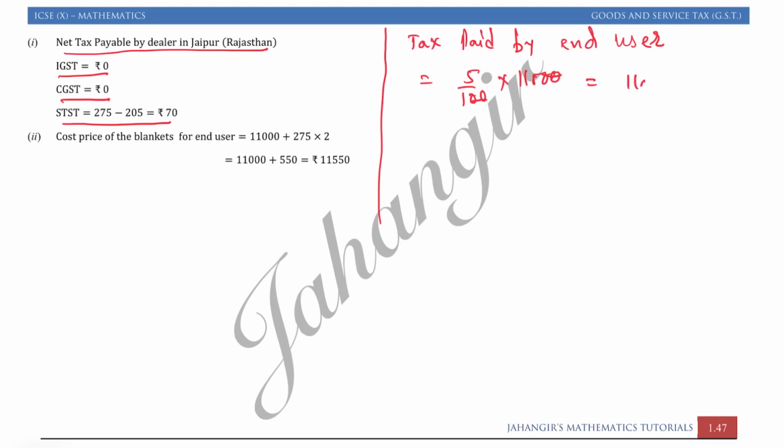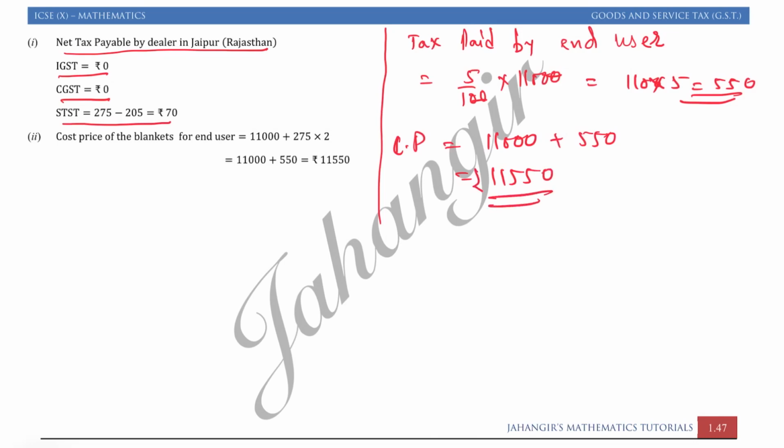So 11,000 into 5 by 100 is 550. Therefore the total amount paid by the end user for the blanket is 11,000 plus 550, that is 11,550 rupees. Hope you have understood this. This is an adjustment sum, but if you try to understand, it's very simple.